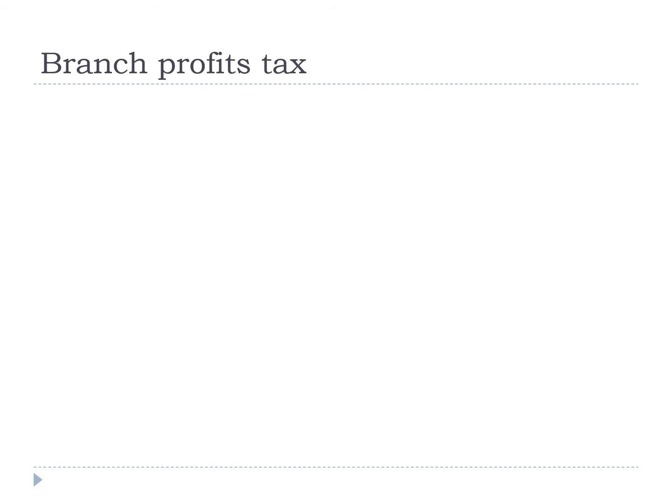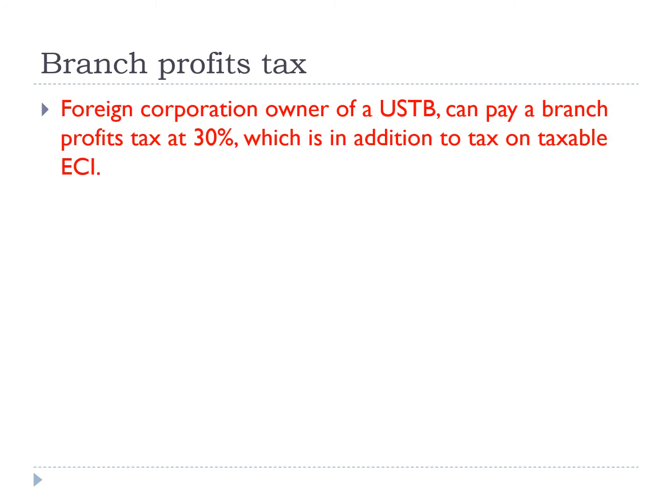We are not finished with the taxation of business income. Foreign corporations, not individuals, are subject to another level of tax known as branch level taxes. A foreign corporation owner of a U.S. trade or business can pay a branch profits tax at 30%, which is in addition to tax on taxable ECI. The 30% branch profits tax can be reduced by treaty.